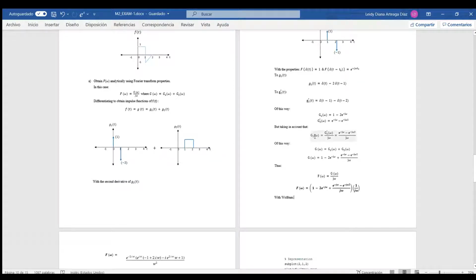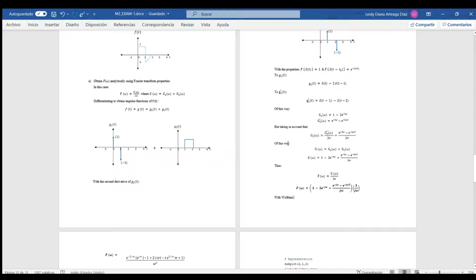But taking into account that g2(ω) is equal to the derivative over jω, because it's necessary to integrate the derivative transform to obtain the real value.